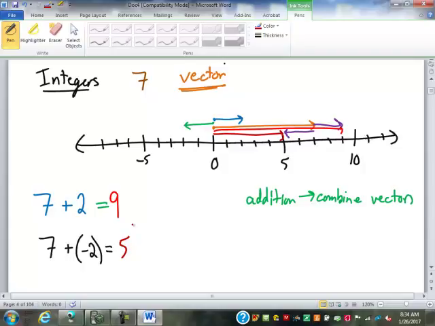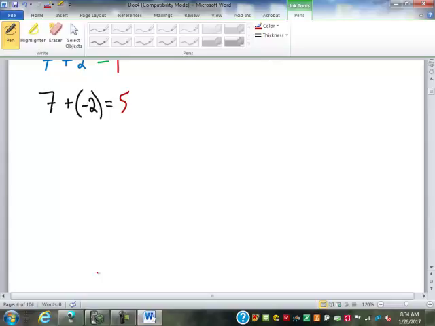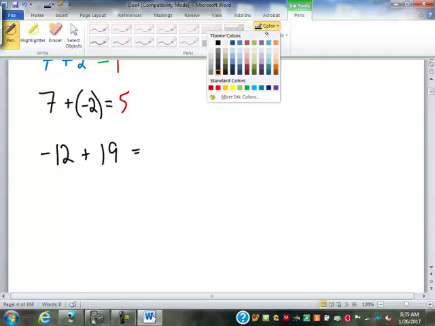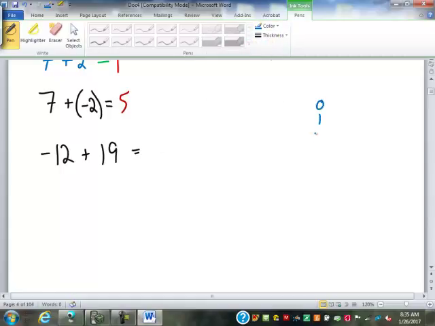Now, I don't expect you to draw out number lines every time you add with integers, with negative numbers. I certainly don't. But I do keep that picture in my mind as I do it. For example, if I have negative 12 plus 19, what I am thinking in the back of my mind is this. Here's 0. Negative 12, go right or left? Left is negative, right?